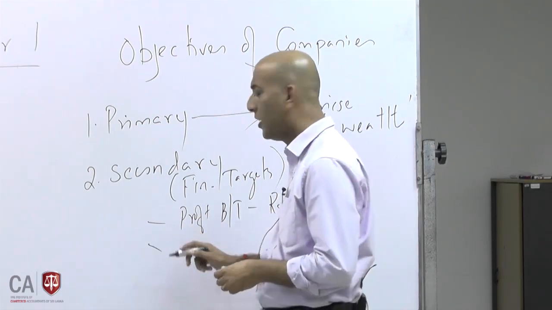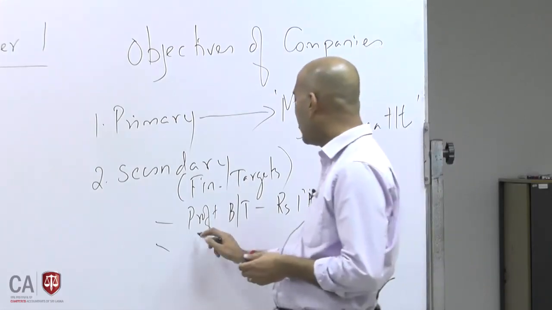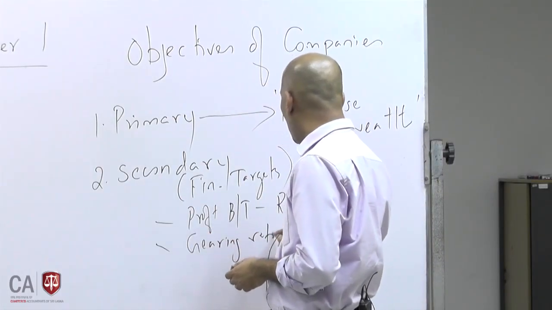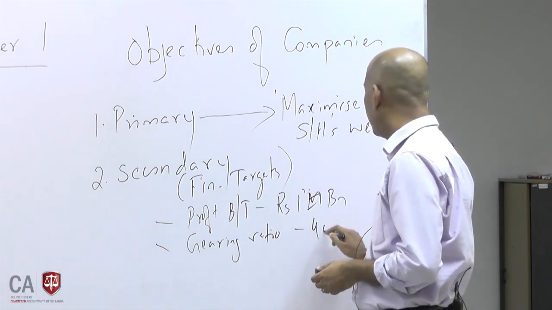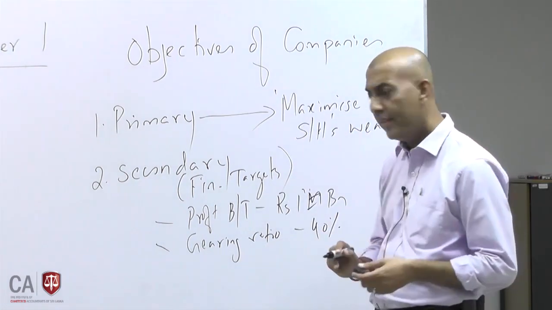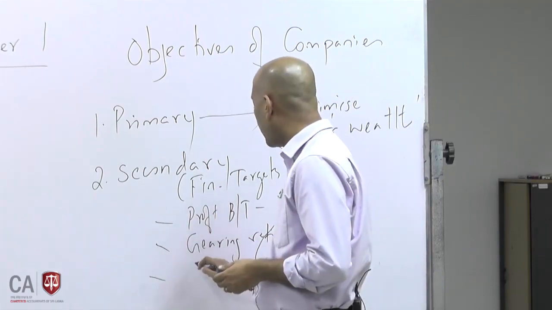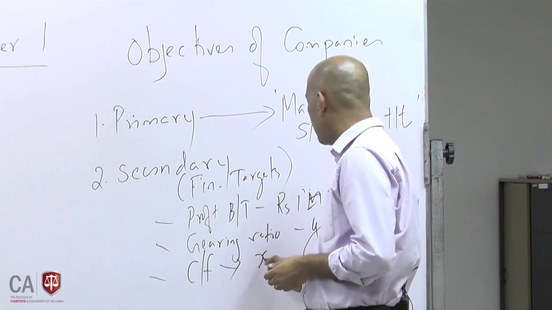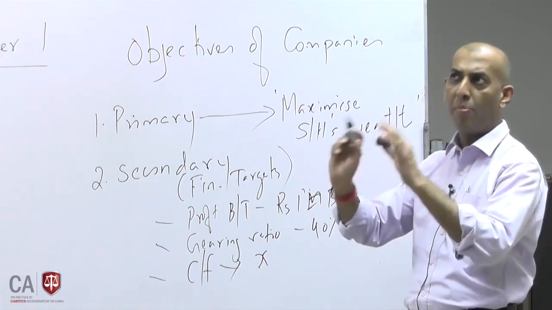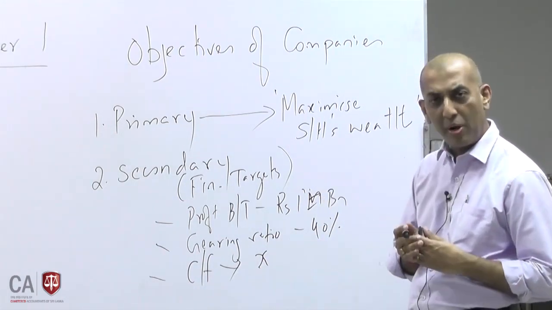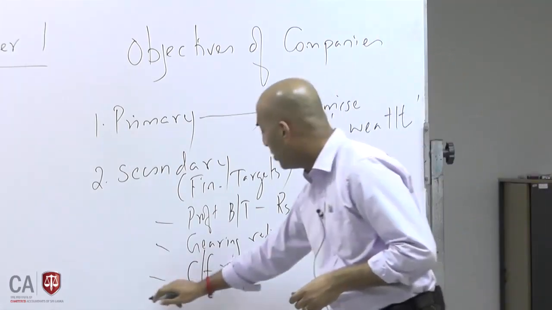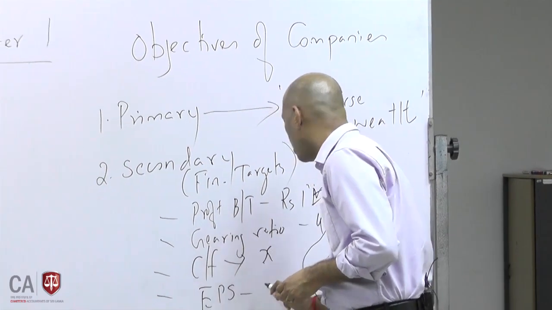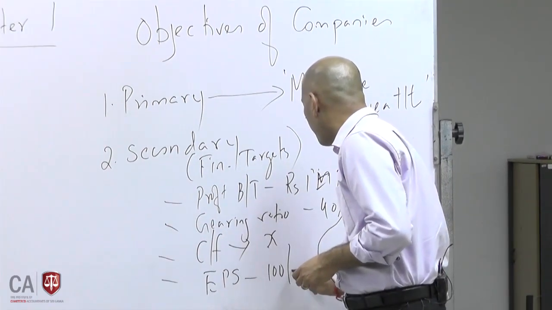You might say your company wants a gearing ratio of, say, 40%, not more than that. Your company's cash flow could be a target of X amount annually. And you could say that earnings per share should be 100 rupees.